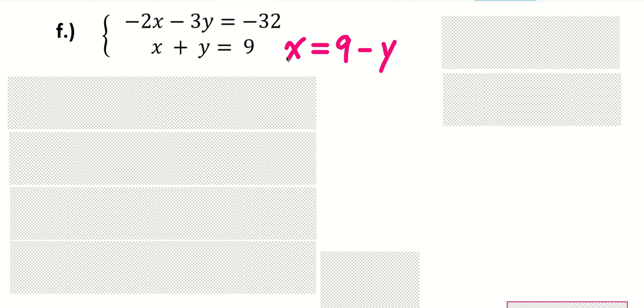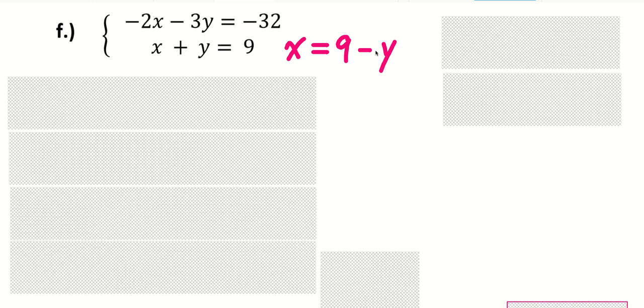But either way, there are so many different correct paths you can take. But here in my notes, I chose to get x by itself by moving the y to the other side, subtracting it. So now I know that x equals 9 minus y. And you have to plug that into the other equation. Never plug it into the equation it came from.